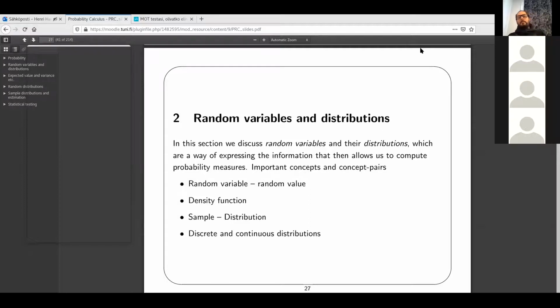And then there's the concept of sample. A sample is something that comes out of the real world. We observe outcomes of the random experiment a number of times, and that's our sample. We have like 100 measurements of something. That's our sample. Whereas the distribution is the mathematical object that describes what the samples would look like if you took infinitely many of them.